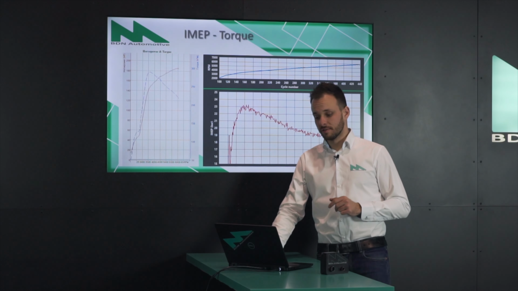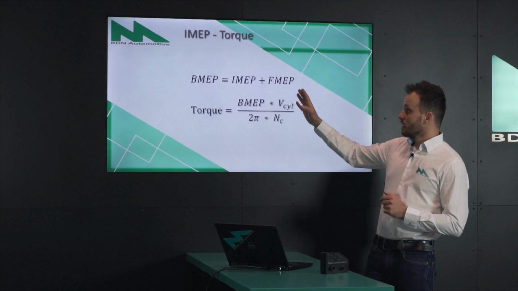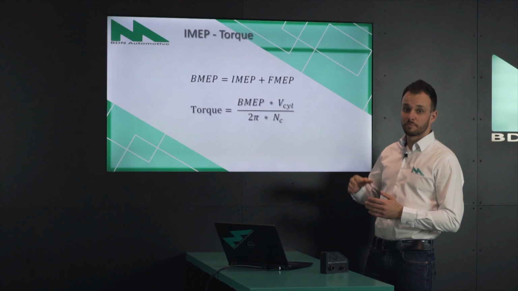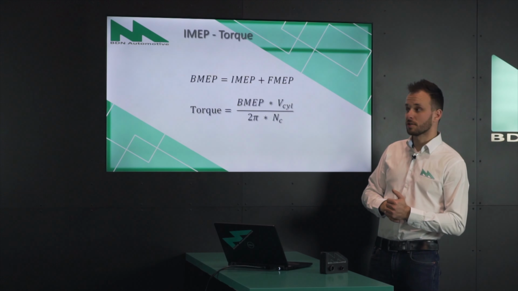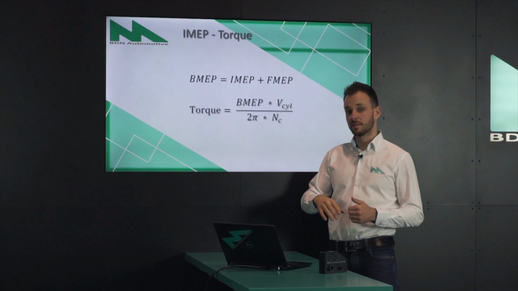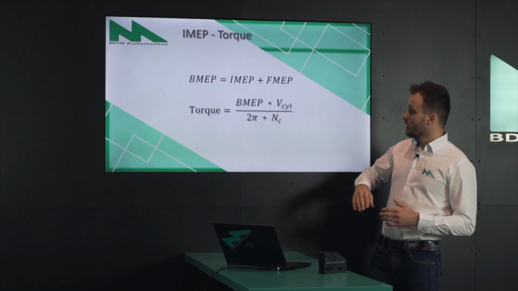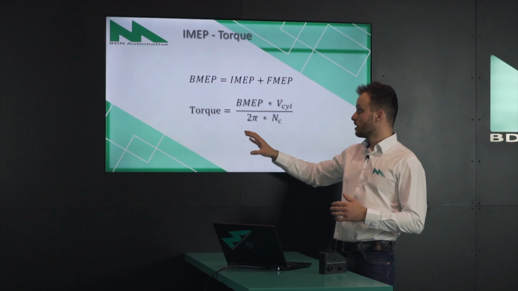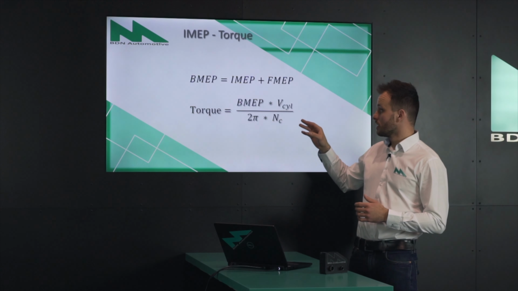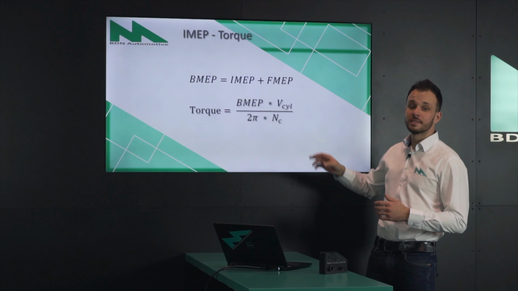The reason for this is behind the theory, basically. BMEP, brake mean effective pressure, equals indicated mean effective pressure plus the frictions. If you want to calculate torque, this also correlates to BMEP times cylinder volume divided by 2 pi times NC.